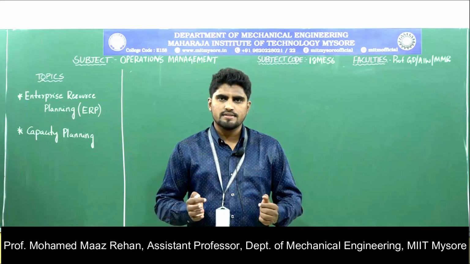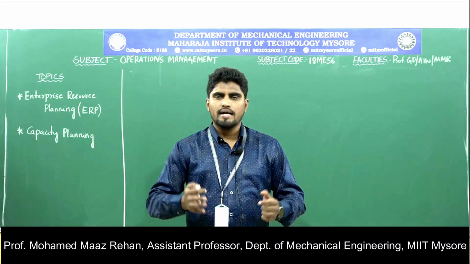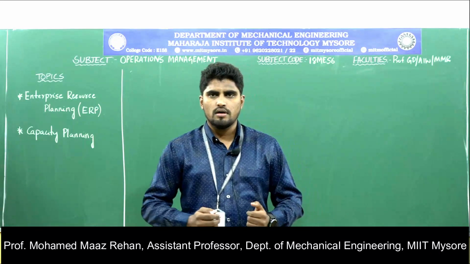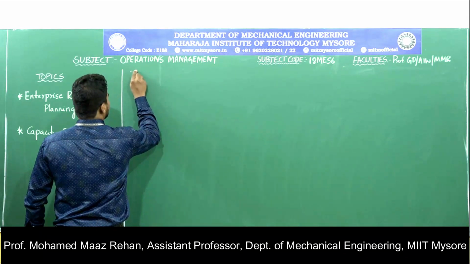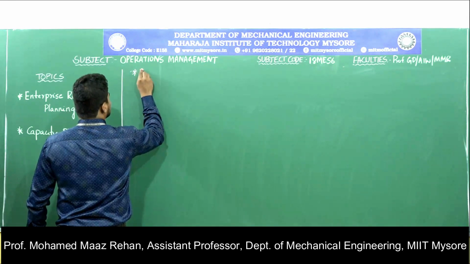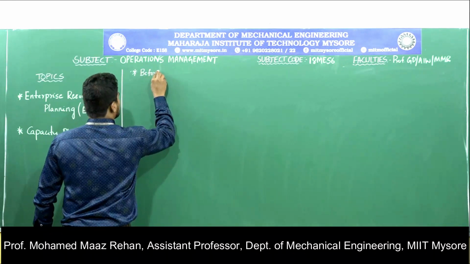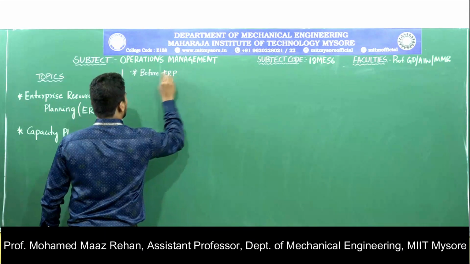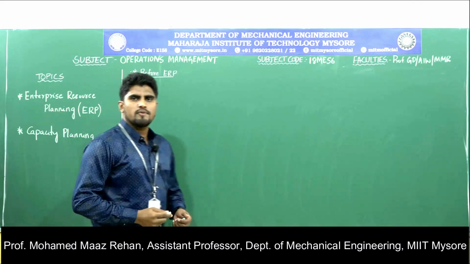If an organization doesn't have an ERP system, how does it look, and if it has an ERP system, how does it look? Before enterprise resource planning, how would the system work without an ERP?